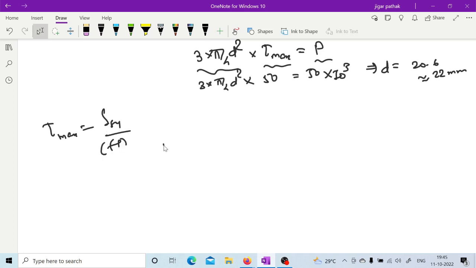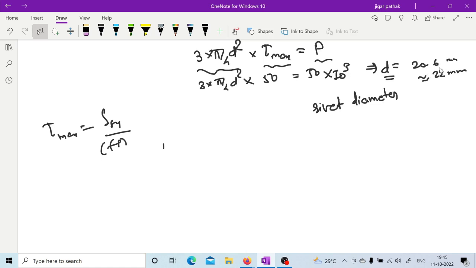Sir, regarding d, 20.6 mm, how did you approximate it as 22 mm? Actually, what happens is you will have some table for the rivet diameter. There is some standard, so you must be having that standard table.